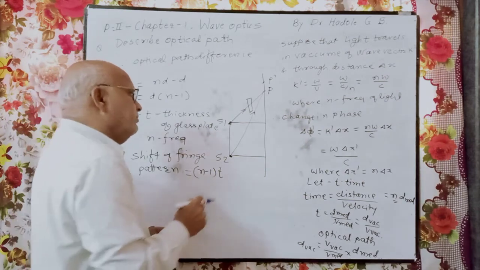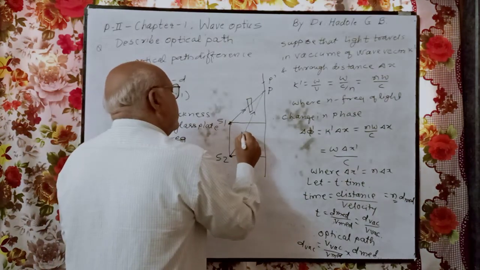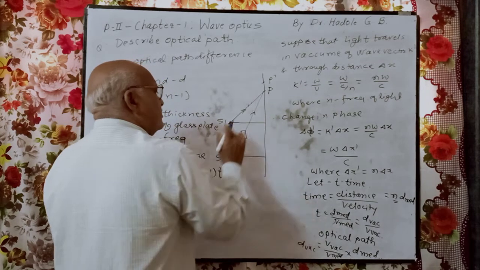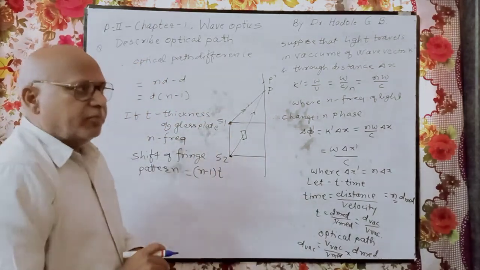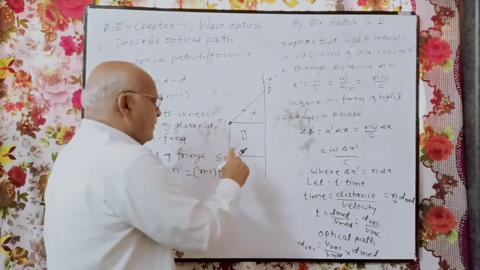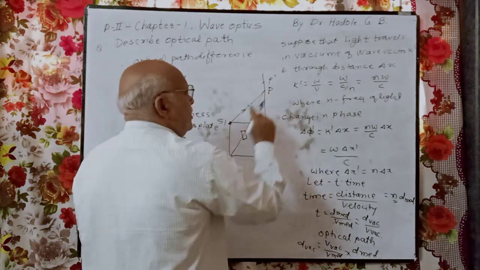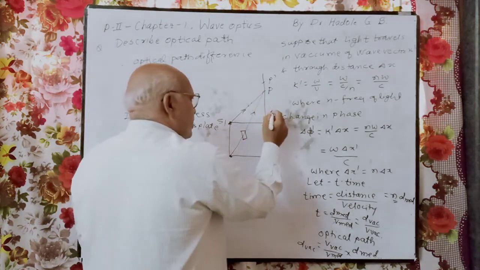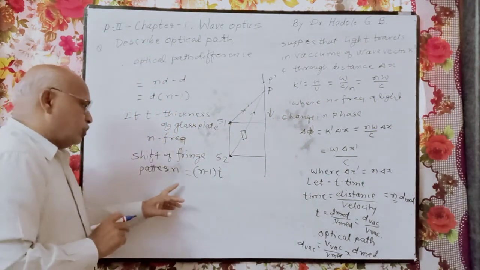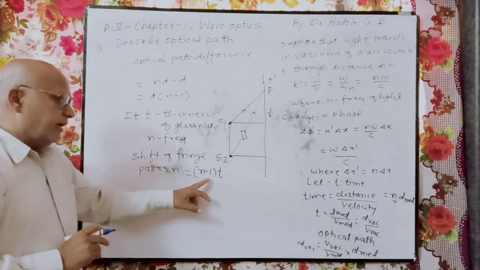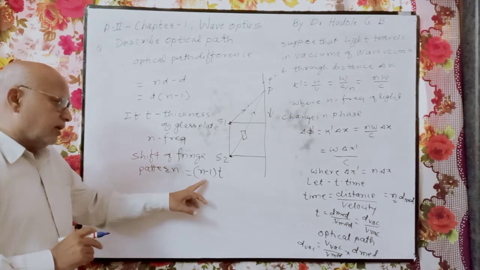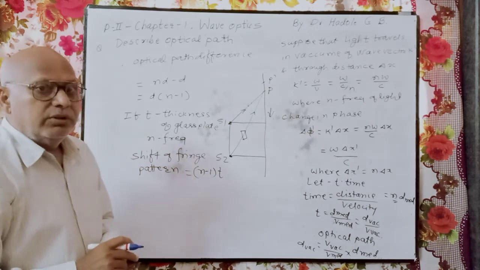At the same time, instead of this, suppose that here the glass plate is kept. Now this glass plate is in the path of S2P ray, and therefore this fringe pattern will shift down, and that shift is given by n minus 1 into t, or it will shift by the factor n minus 1 into t.